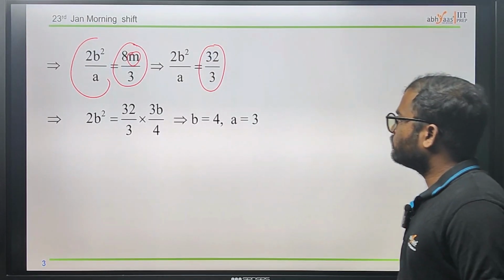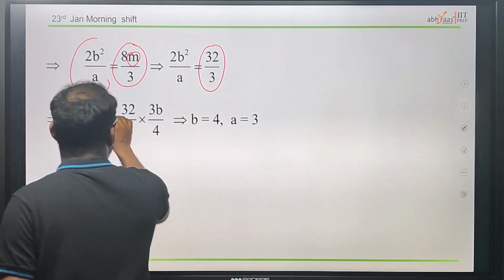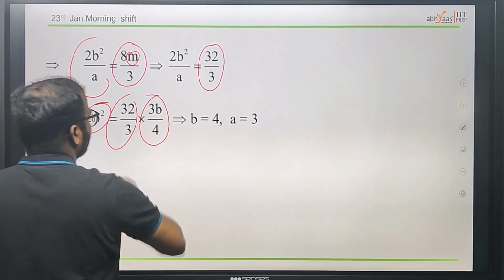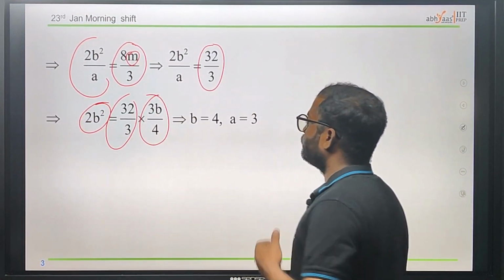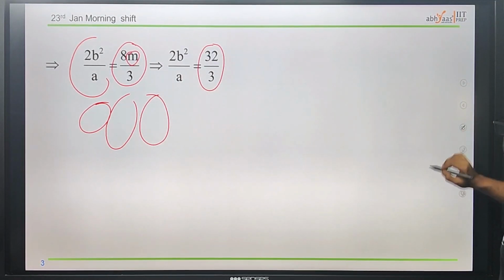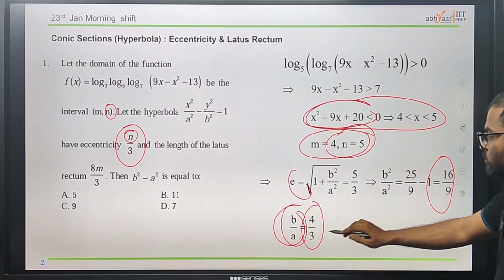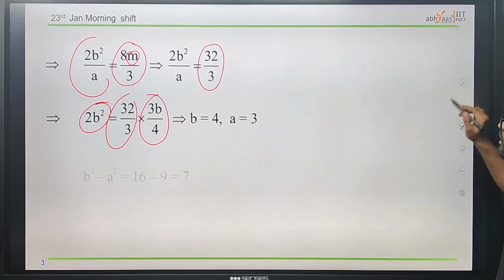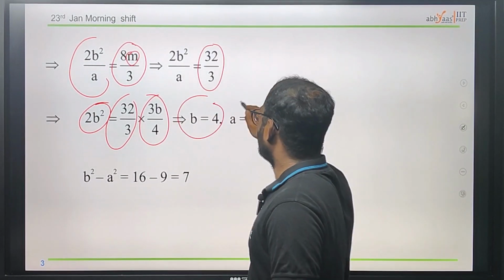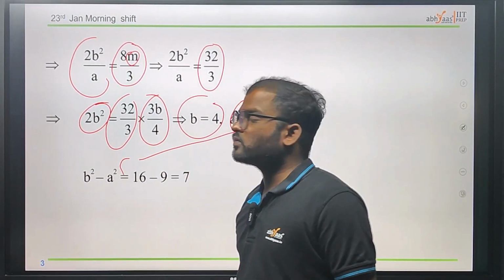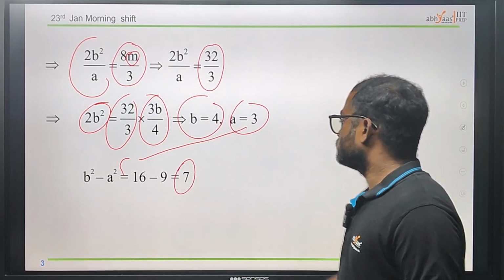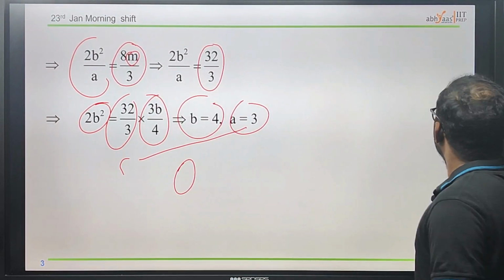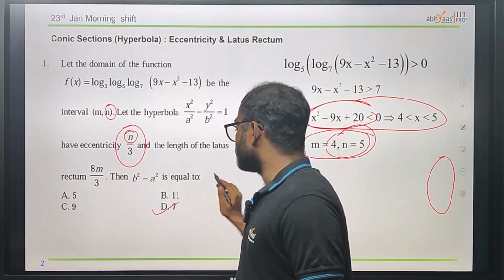Now we got 2b square is equal to 32 by 3, and 3b by 4. Using b by a equal to 4 by 3 from the previous slide and substituting those values, we easily find the b value and a value. Now substituting those in b square minus a square, we easily get 7. Therefore D is the correct answer.